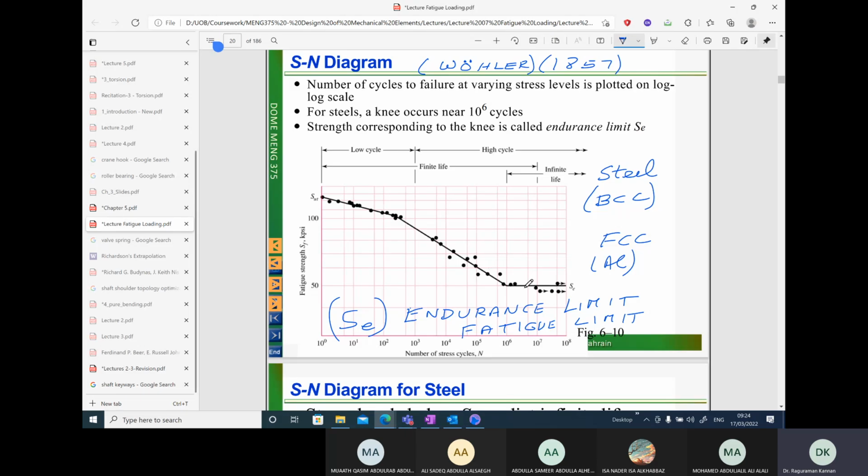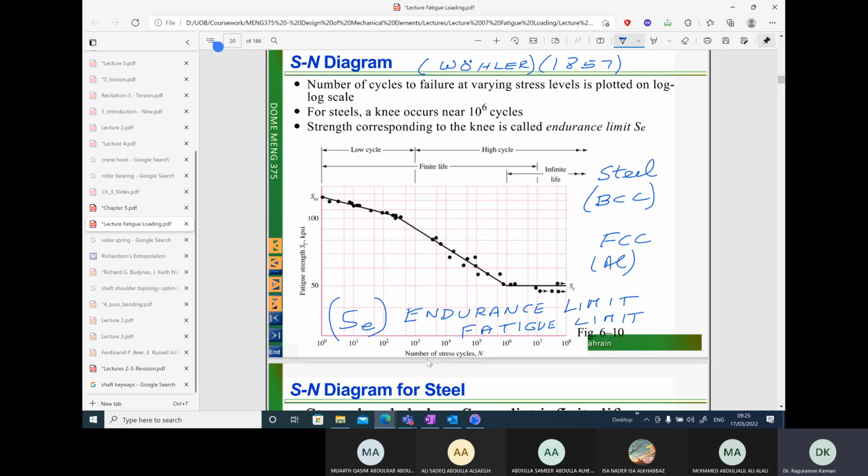Now in the stress life method, the range within which we can work is high cycle fatigue, and it starts from greater than 1000 cycles to a higher number of cycles, maybe 100 million, 1 million, whatever it is. If we are within this range, we can definitely use the stress life equations which we are going to see in a few slides. So this is the high cycle.